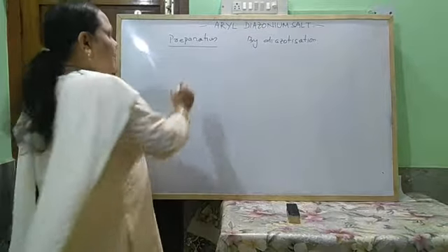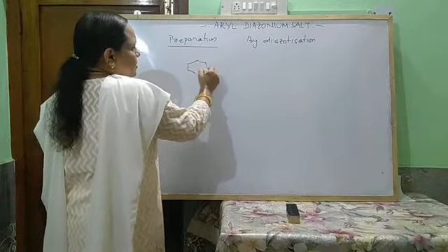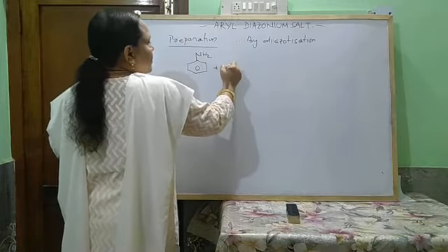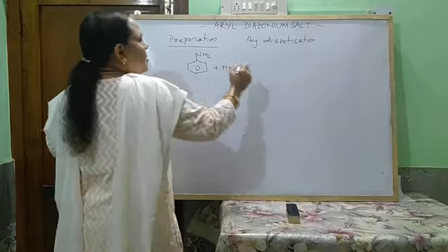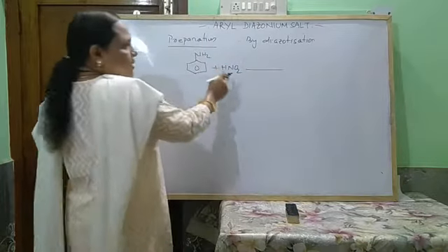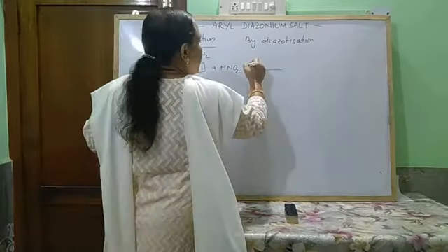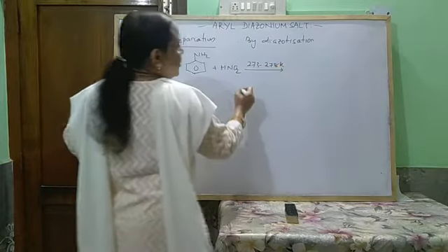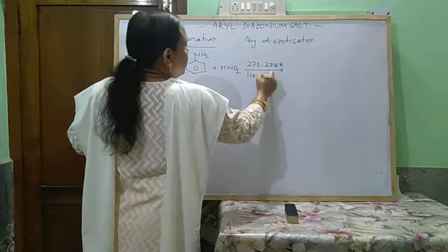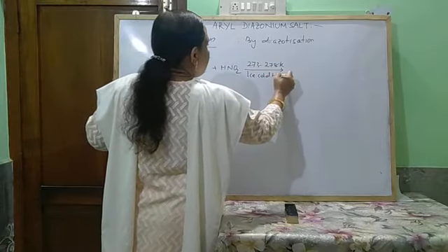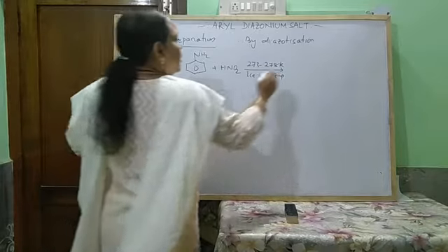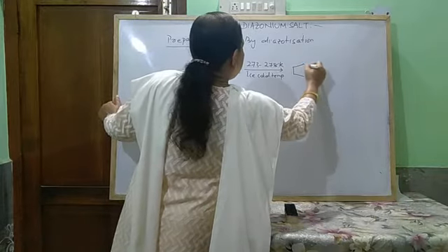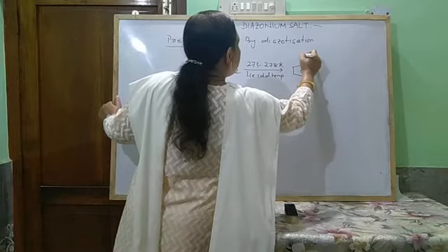So when aniline reacts with nitrous acid at 273 to 278 Kelvin, at ice cold temperature, it forms benzene diazonium chloride.